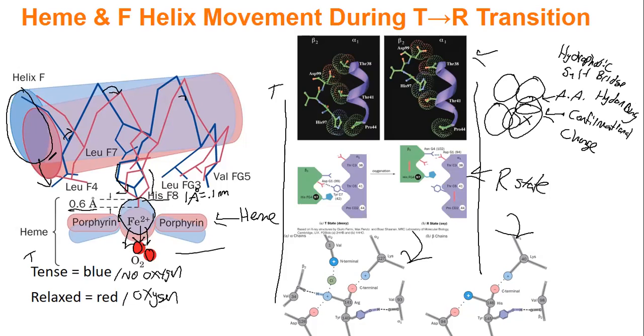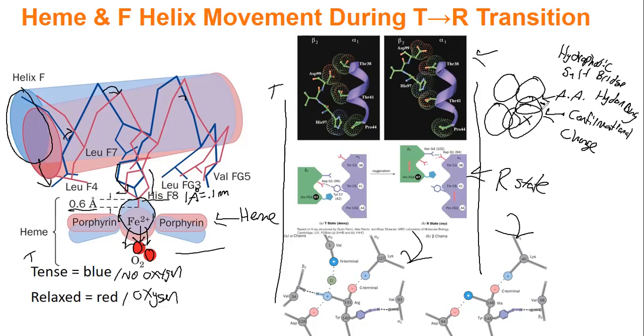When one subunit of hemoglobin shifts into the R state, all the other subunits are aware of this because different interactions change where the subunits meet. And this change of interaction is like a switch to the other subunits.